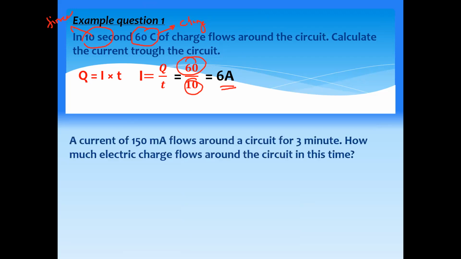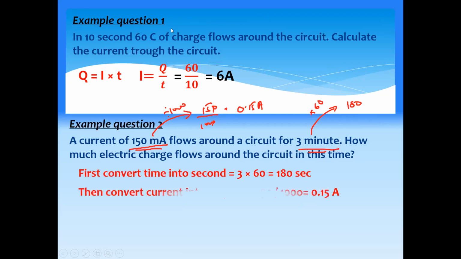Now another example: if there is a current of 150 milliampere, you have to convert it into ampere. How to convert milliampere into ampere? You have to divide by 1000. So 150 divided by 1000 is 0.15 ampere. And for 3 minutes, time should always be in seconds. If time is in minutes, you have to convert it into seconds by multiplying by 60, so it will be 180 seconds.